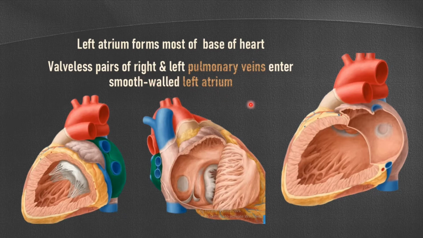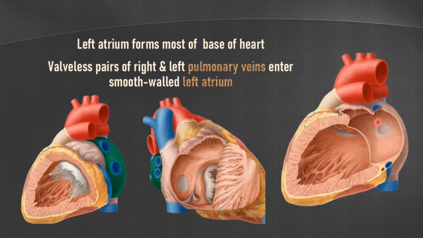The posterior wall of the left atrium receives two pairs of veins, the pulmonary veins, right and left, superior and inferior. These veins are coming back from the lungs and bringing oxygenated blood, right? So it enters into the left atrium.